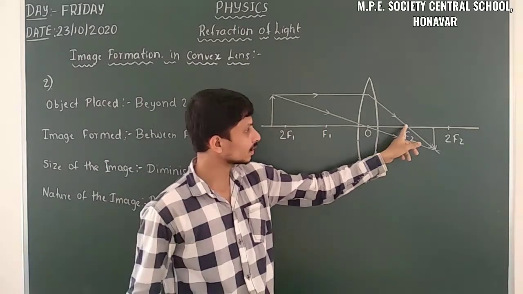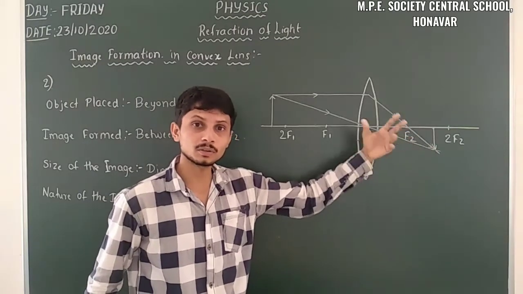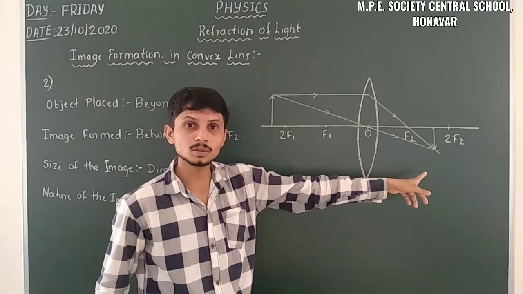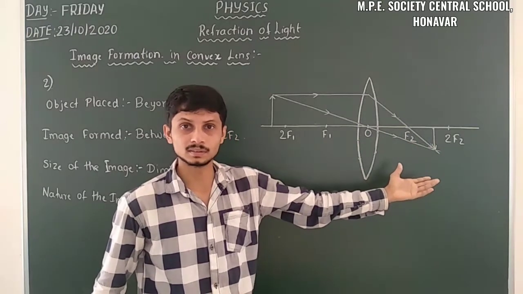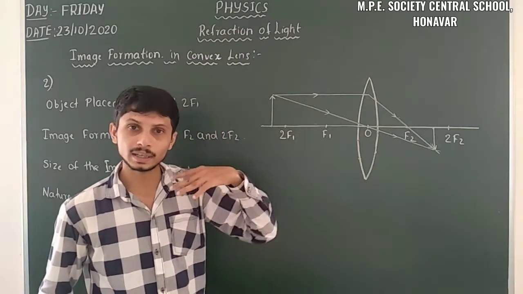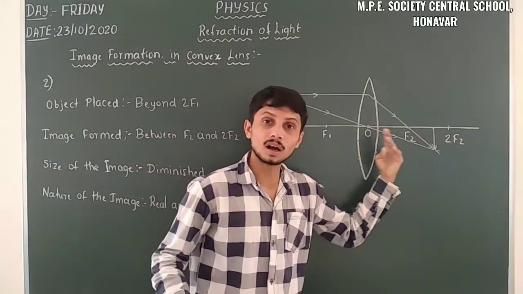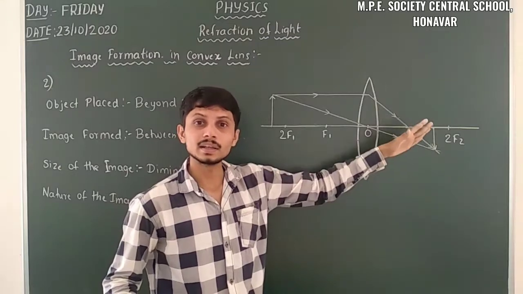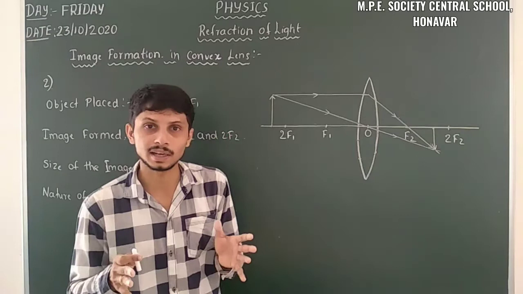Compared to the last case, the image is enlarged, and it also moves away from the lens. So we can guess the next image formation: it moves away from the spherical lens, and the size of the image gets enlarged like this.